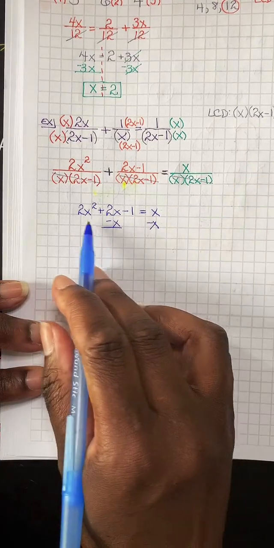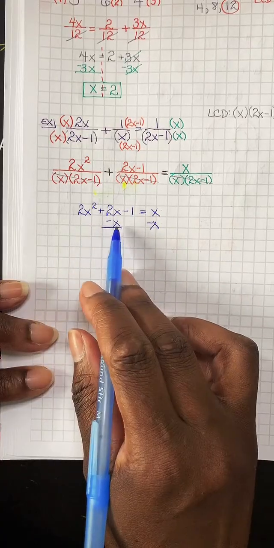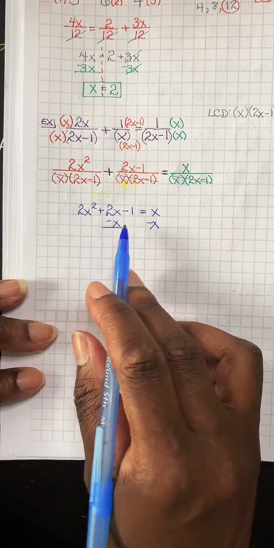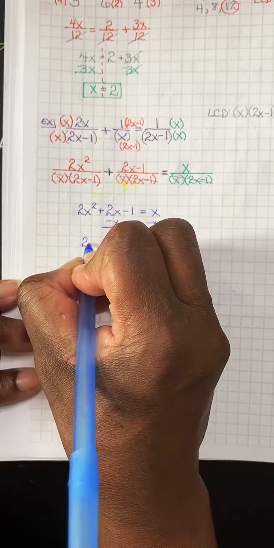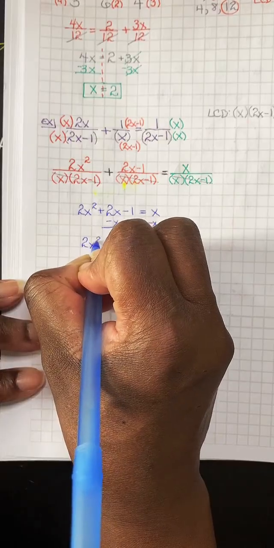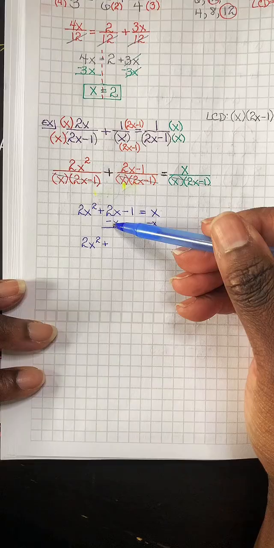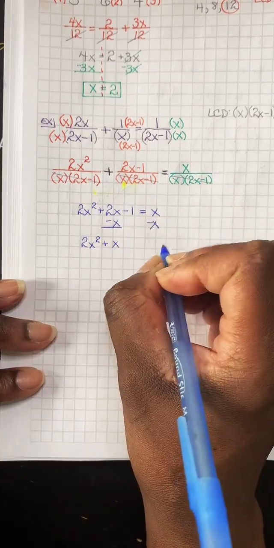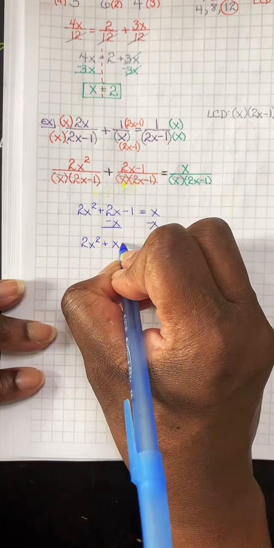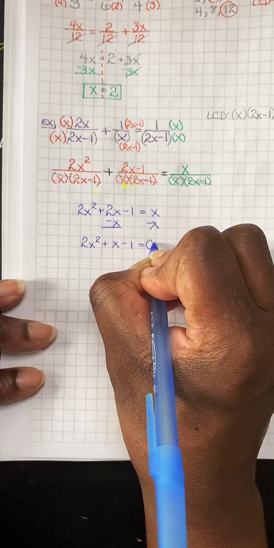And it's not going to go to the x squared because they're not like terms. It's going to go with the x. So if I combine it, it's going to look like this. 2x squared plus 2 minus 1 gives me 1x, or just x. And then I bring down the minus 1 equals 0.